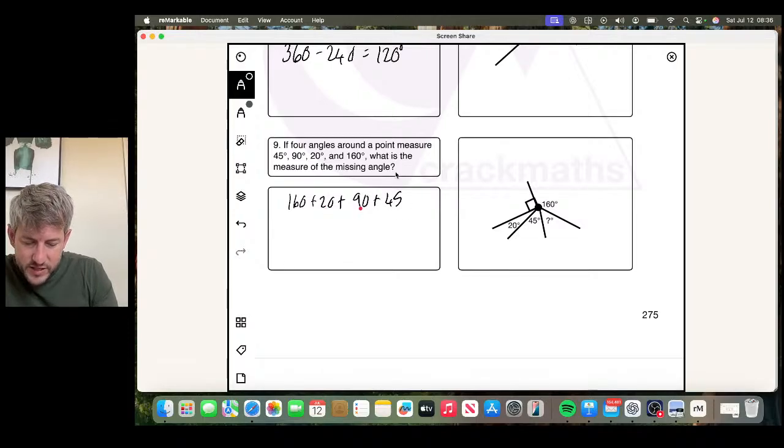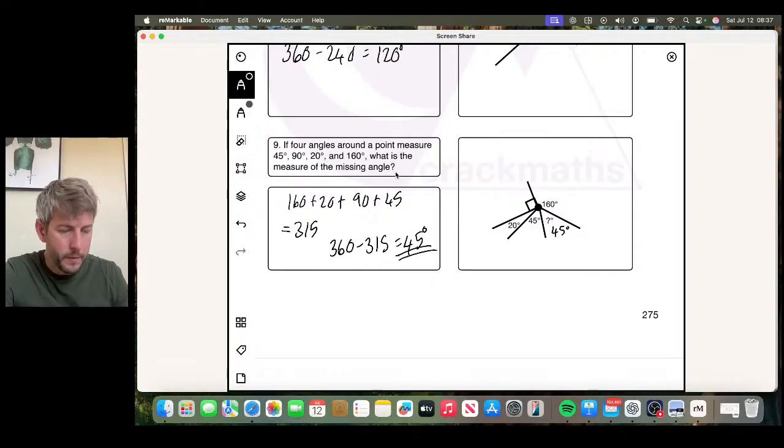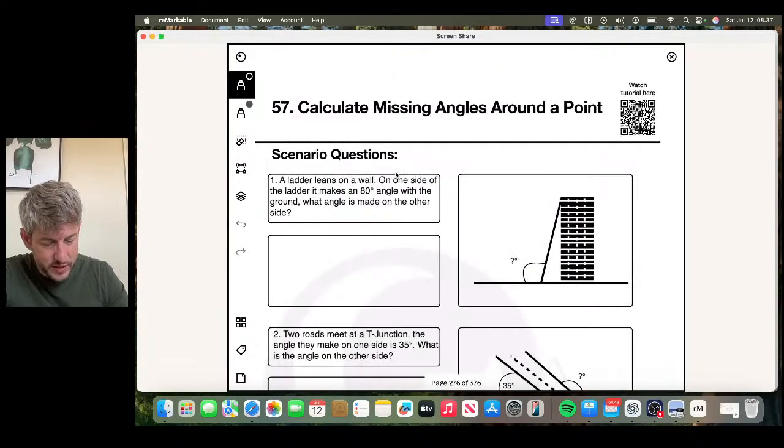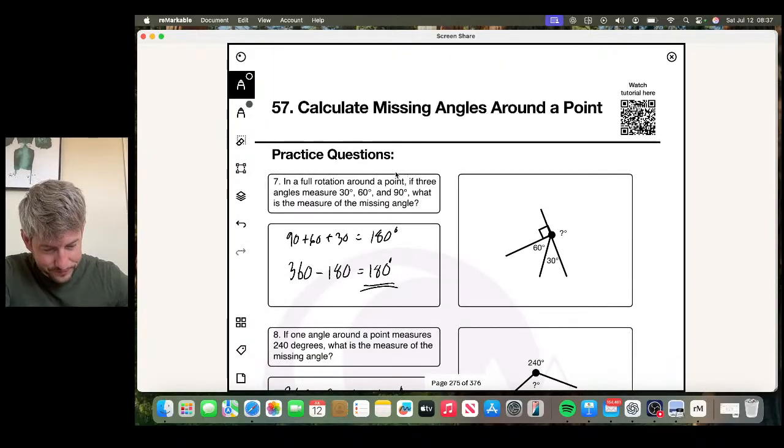So 180, 270, 315. And then we do 360 take away 315. And that equals 45 degrees. Okay, so that's 45 degrees. Right, and I believe that's the last question.